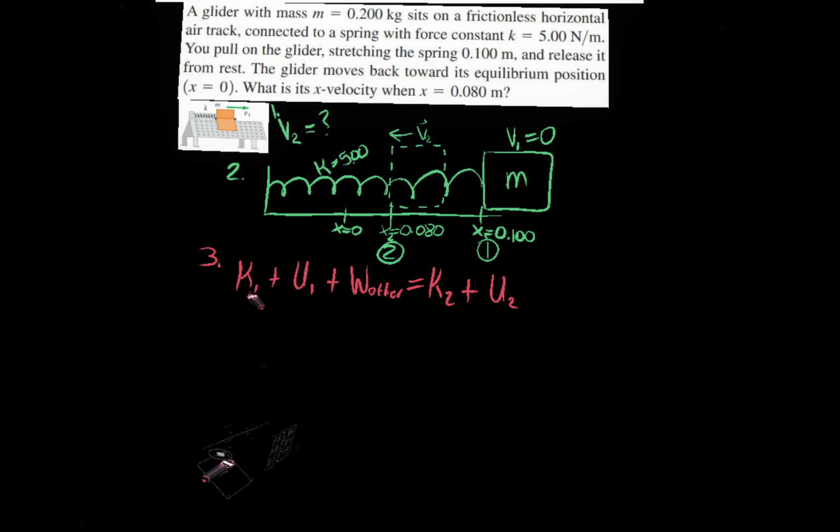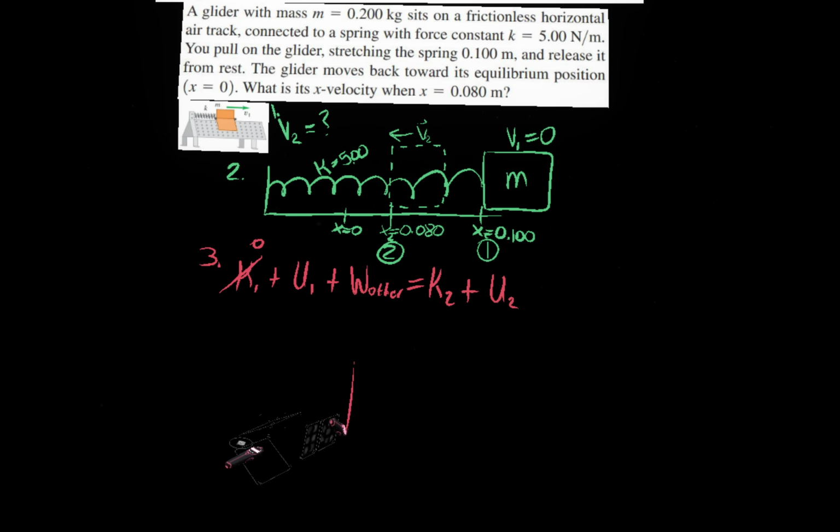So at point 1, what is the kinetic energy? Well, we're holding on to it, getting ready to let it go, but it's at rest. See, v1 is 0. So K1 is 0, and that goes away. But there is some potential energy because the spring is stretched, so potential would be equal to 1/2 kx squared. x is not 0, and k is not 0 at any point, so there is some potential energy, so we leave that term.